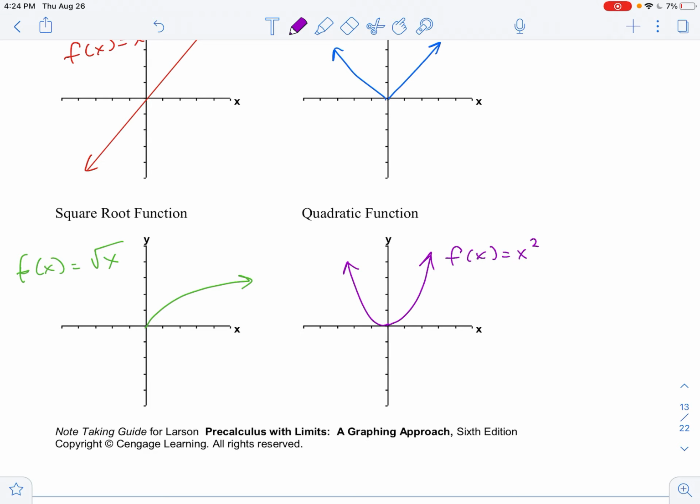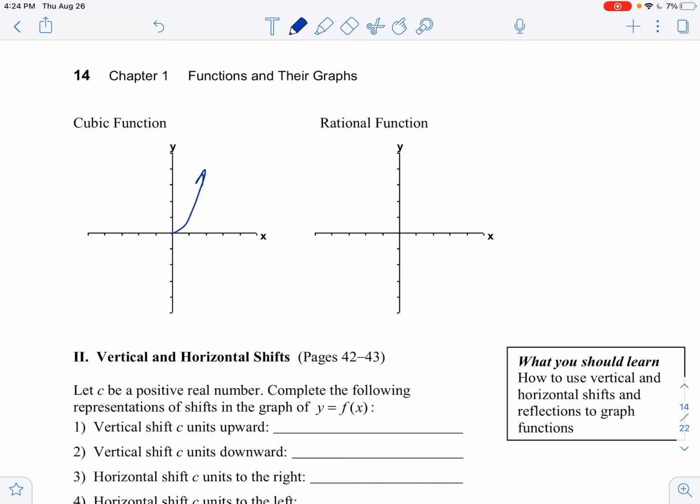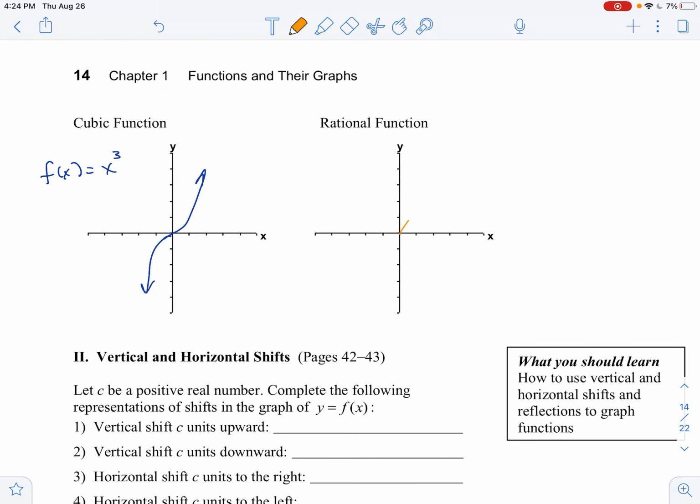Remember, anything with an x squared term is a quadratic, so no matter what it has in there, if x squared is the biggest term, it's a quadratic. A cubic function looks like this, where it's f of x equals something x to the third. And then lastly, a rational function looks like this.